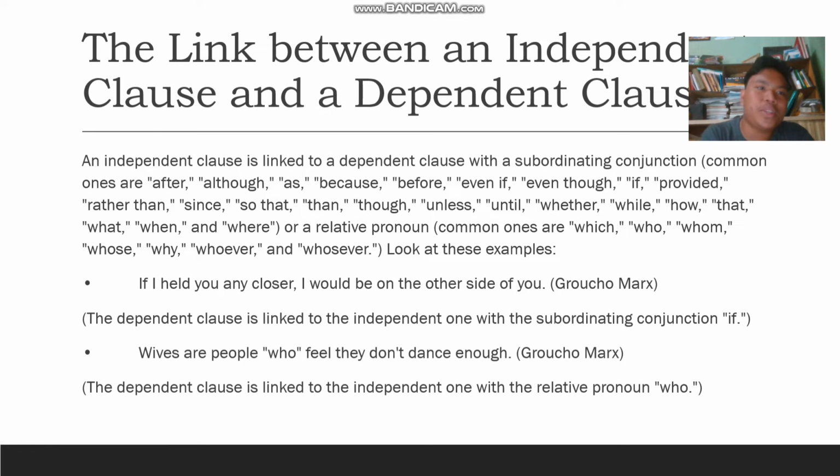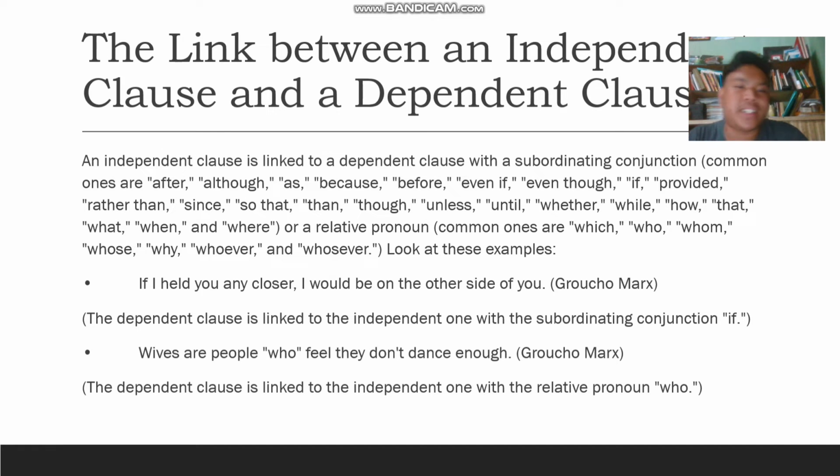Okay, now we get into the link between an independent clause and a dependent clause. An independent clause is linked to a dependent clause with a subordinating conjunction.